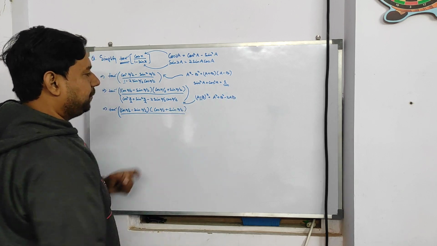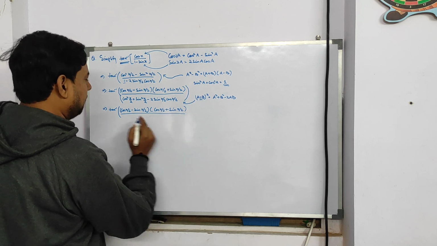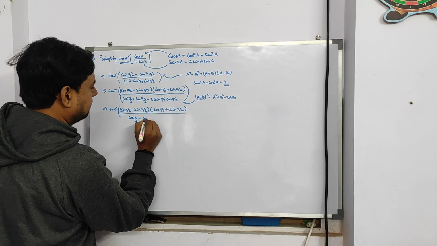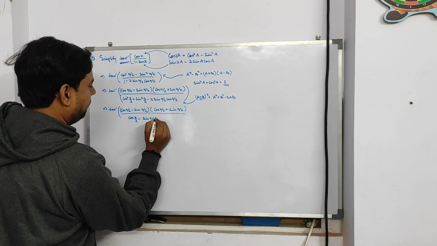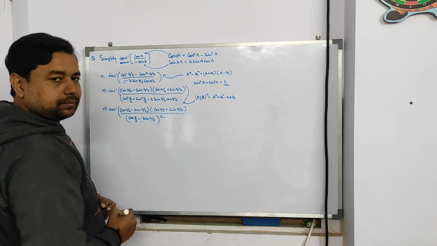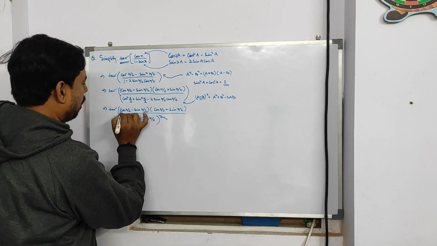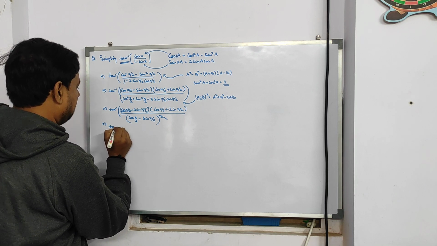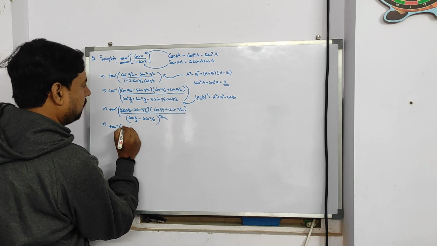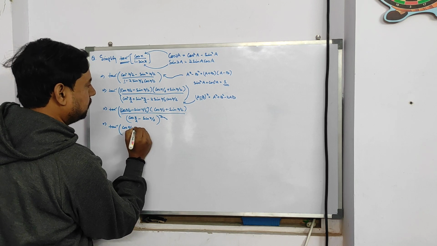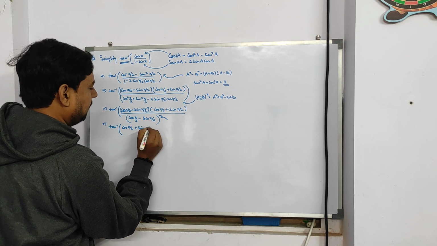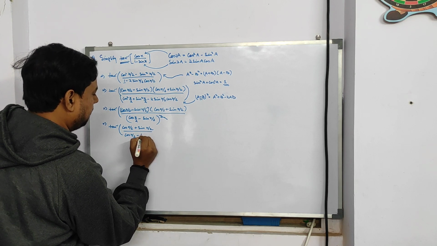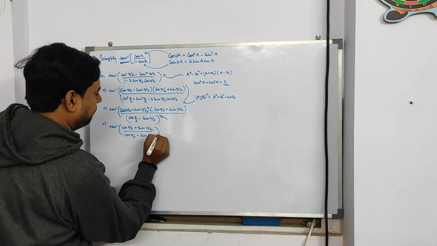We have applied here, you can see. So we can convert it as cos x by 2 minus sin x by 2 whole square. Okay, now cancelling the common term, it has reduced to tan inverse of cos x by 2 plus sin x by 2 upon cos x by 2 minus sin x by 2.